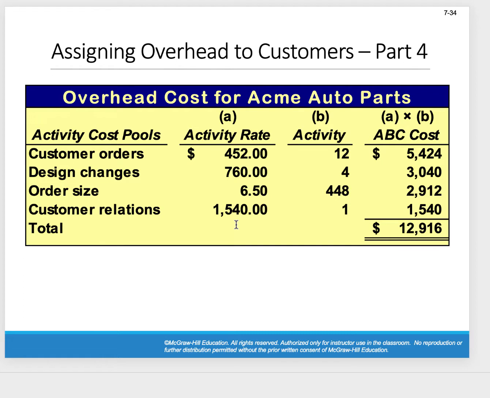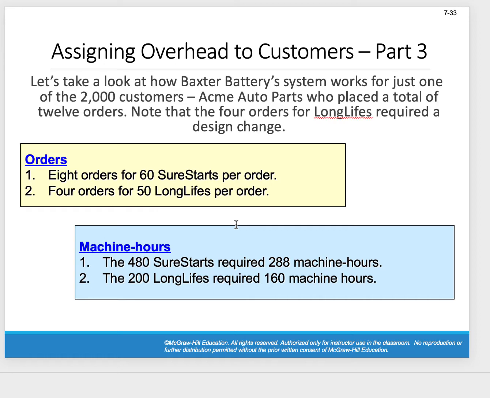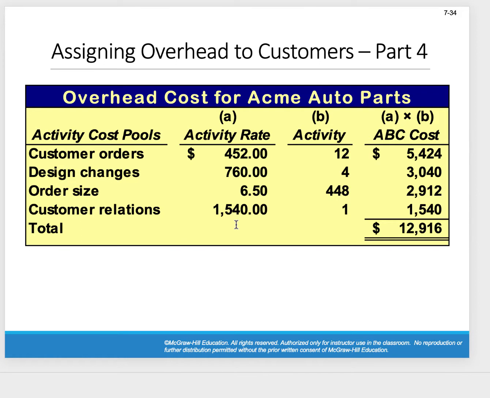Now the order size. Well, how many batteries did they order? Well, 8 times 60, and then 4 times 50 gives us 448 batteries, right? We multiply that by the activity rate of order size, we get 2,912.